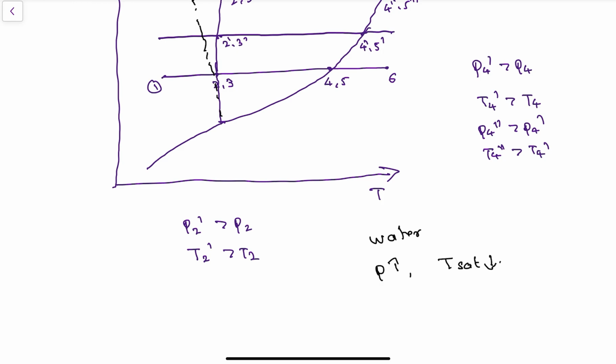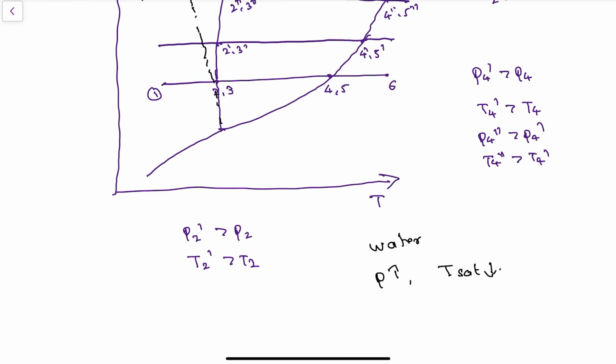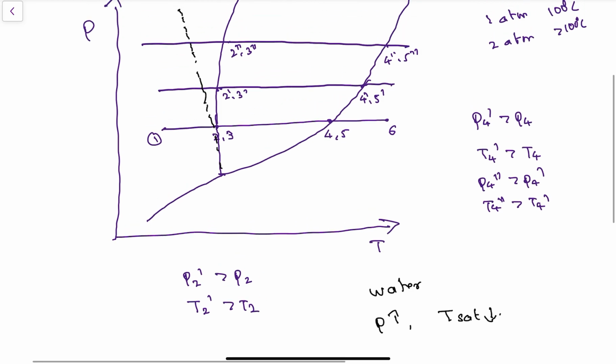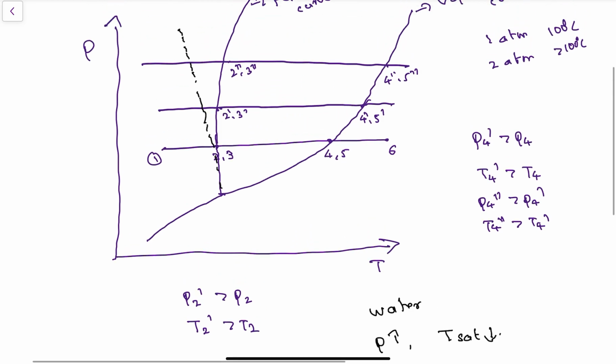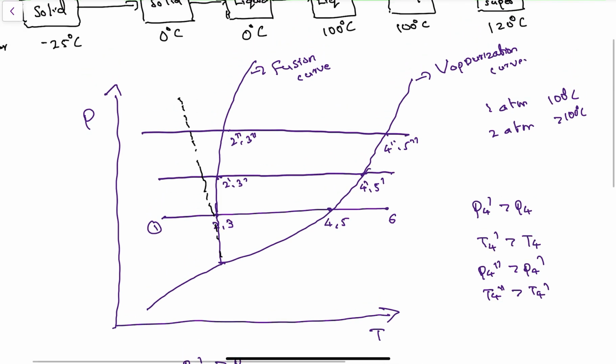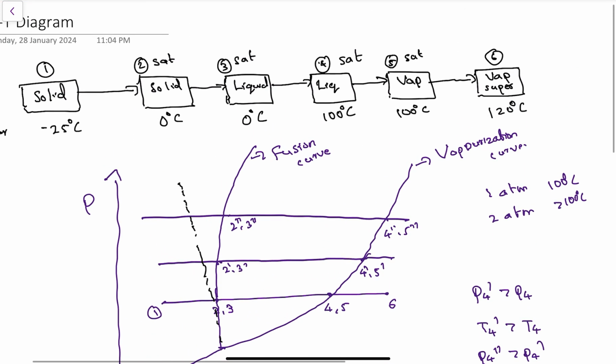We have seen in the anomalous property of water how the volume is changing. Just like that, here the temperature is getting reduced. It is different for water. That is why we draw it to the left. Okay, so this is all about the PT diagram of water and other substances.